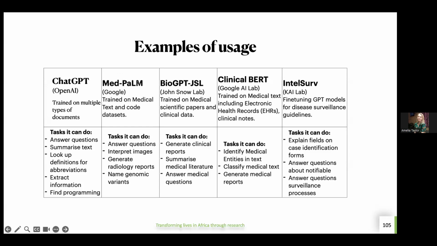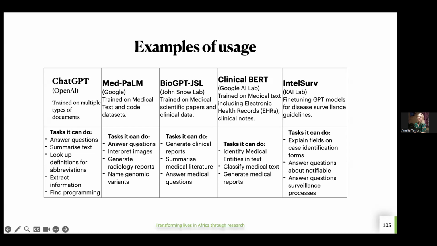Then we have more specialized large language models, like MedPalm from Google. This is trained on medical text and code data sets. So it can do more specialized tasks that are oriented to medical text.